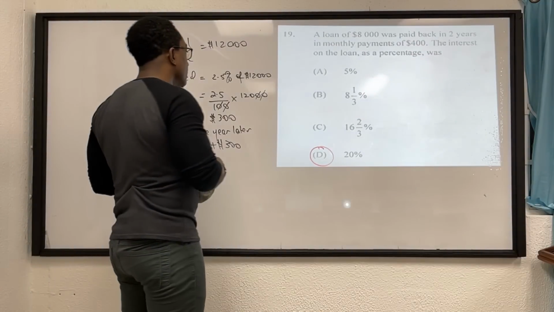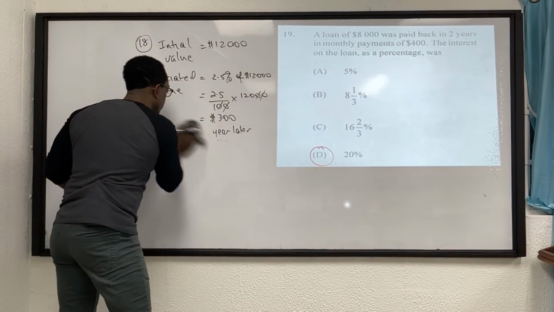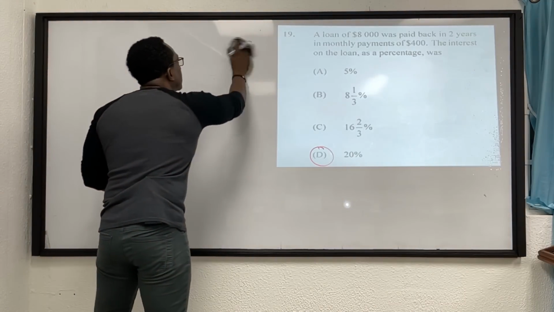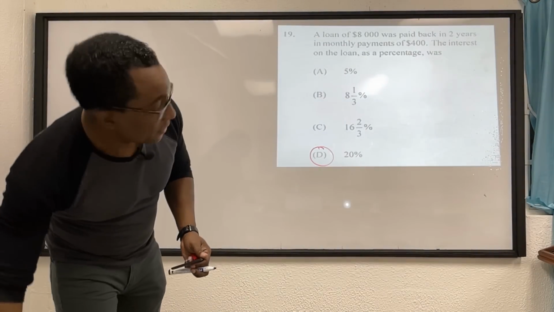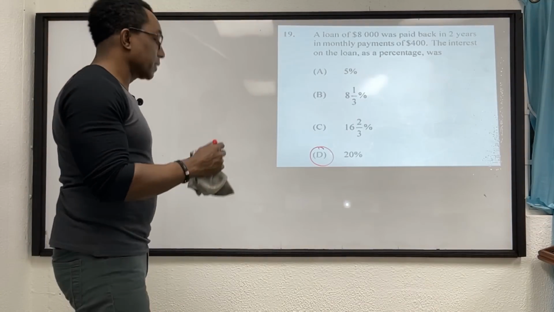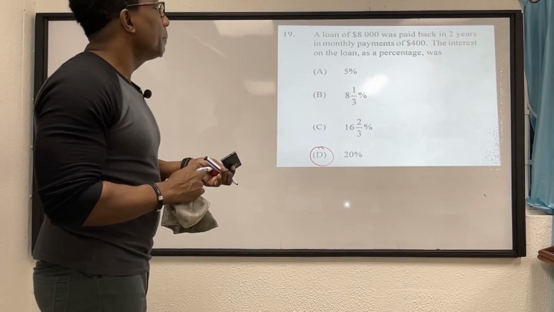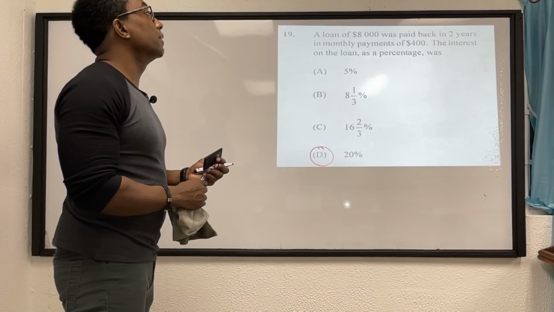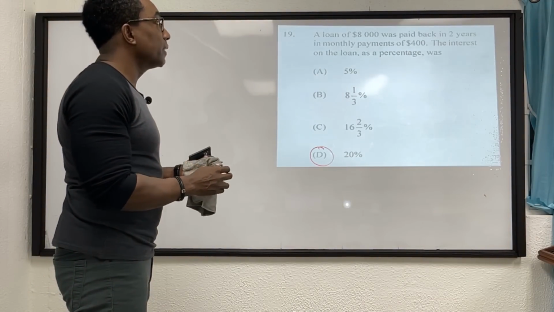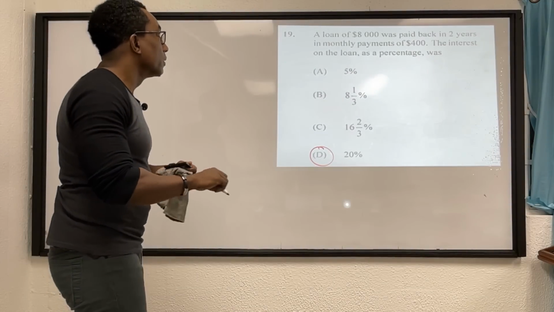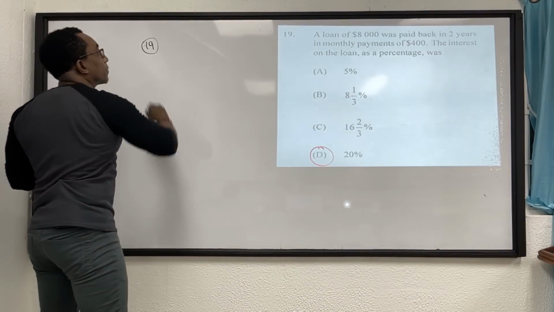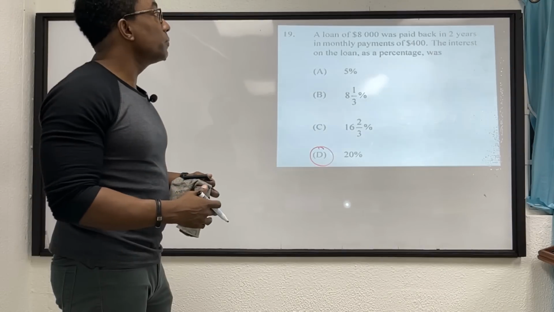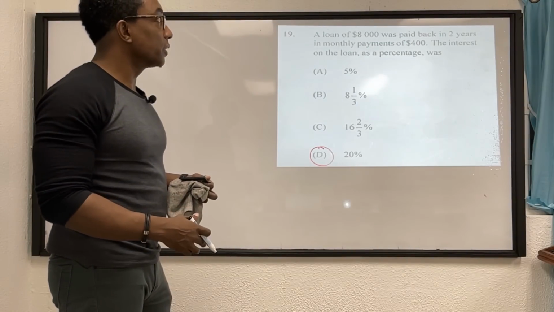So question 19, it says, a loan of $8,000 was paid back in 2 years in monthly payments of $400. The interest on the loan as a percentage was. So your loan of $8,000 was paid back in 2 years, monthly payments of $400, right?